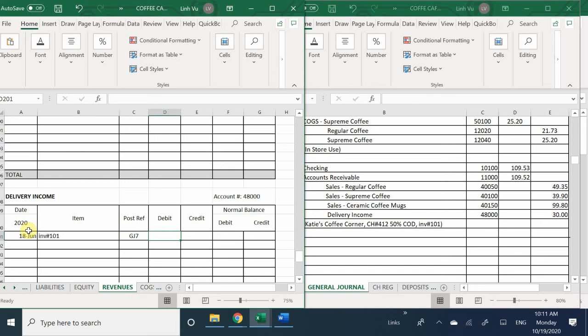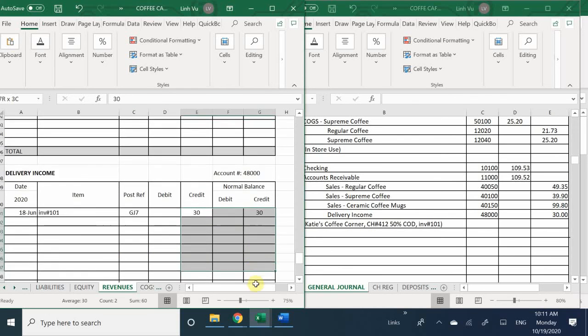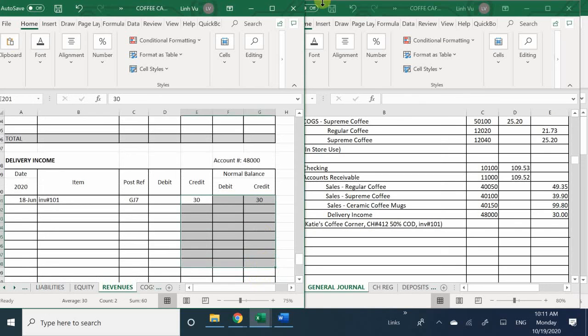And how much did I charge? $30, making my beginning balance $30. Okay. All right, we're halfway done. What is the next thing I need to do?